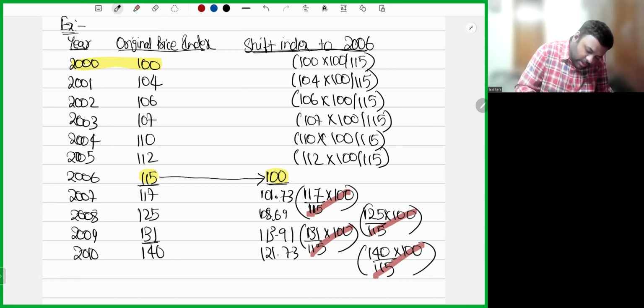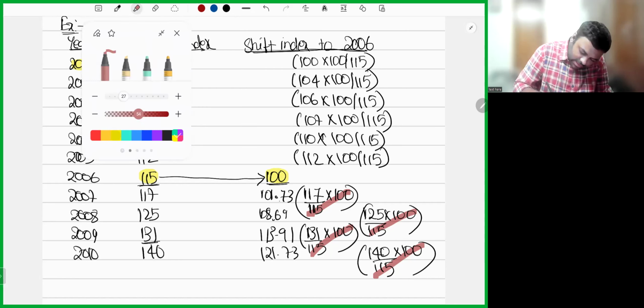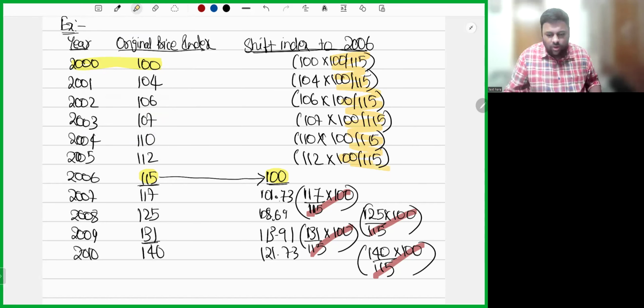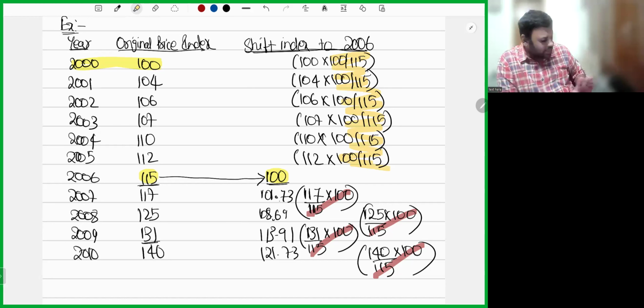So can you see what's happening here? This part of the formula is the same everywhere. You are going ahead and multiplying with the respective index number. It's a simple cross multiplication. That's it. You need not remember any formula.